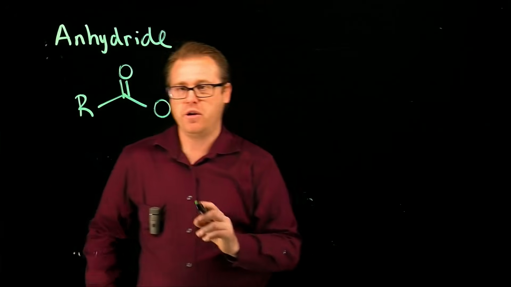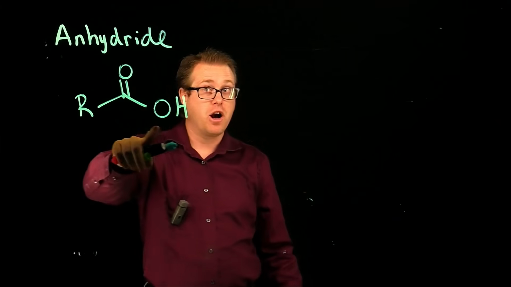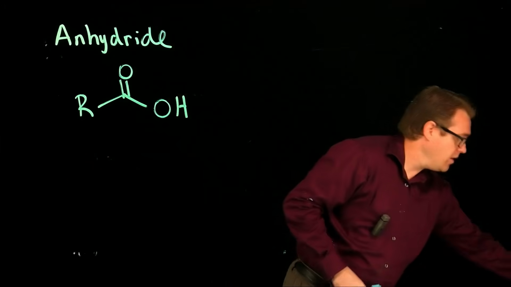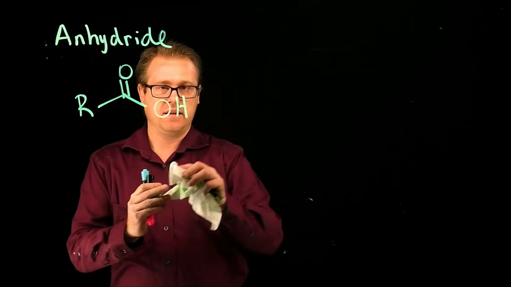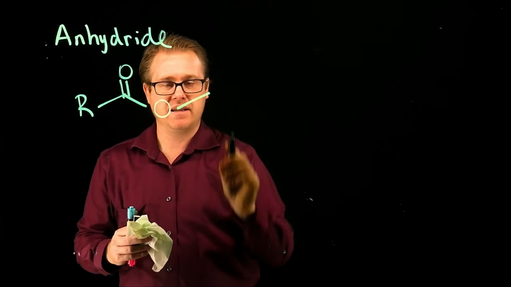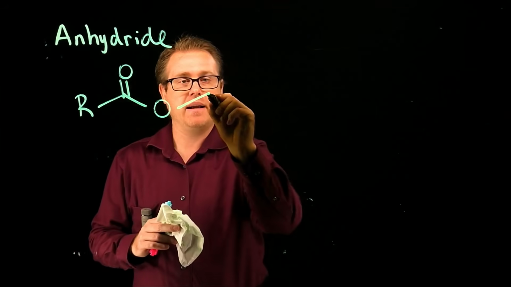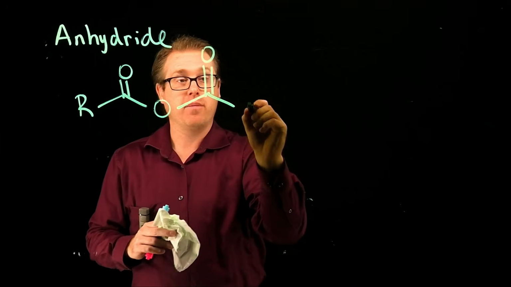But now what we do is, you see how that right there is a carboxylic acid. But if you take that carboxylic acid and replace that hydrogen with something attached to a carbon, and not only just a carbon, but a carbonyl carbon.